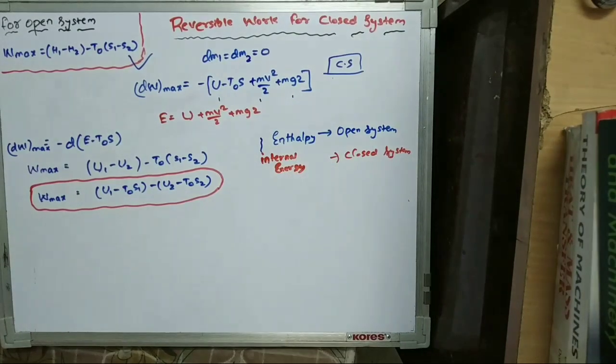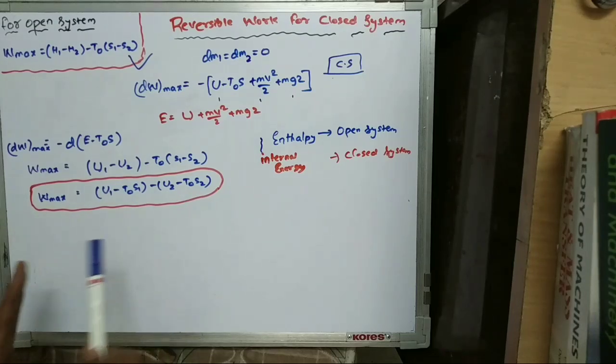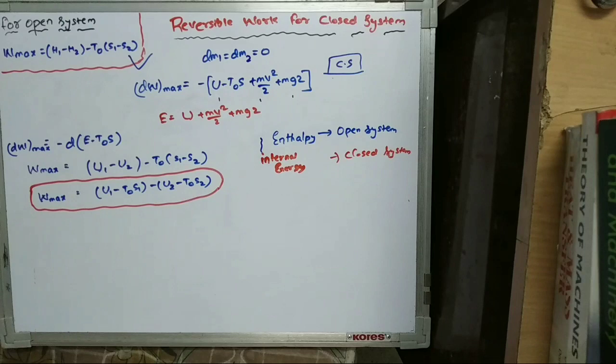So this is the way you can remember the formula. There is no need to remember the whole derivation, just remember these two formulas. W max is equal to H1 minus H2 minus T0 times (S1 minus S2) for an open system, and the internal energy one for a closed system.